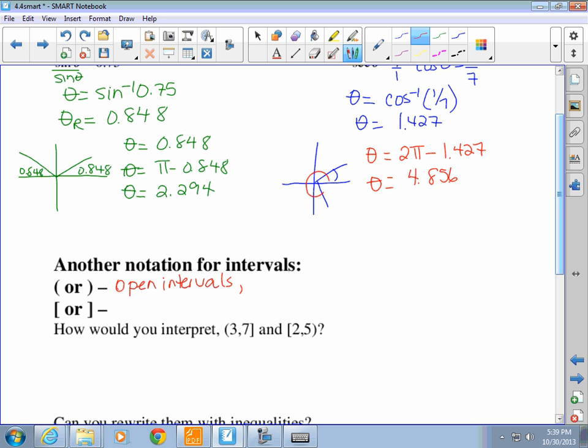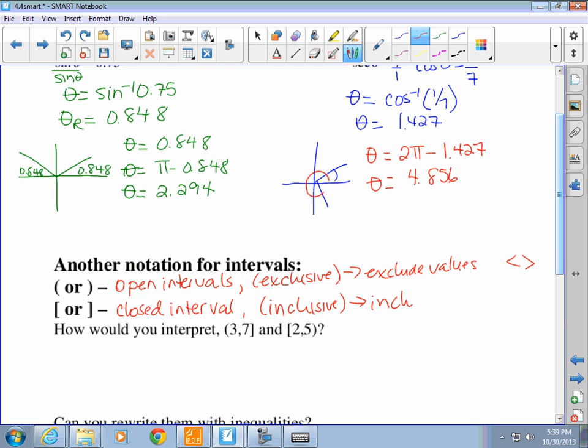So that means it's going to be exclusive, or it will exclude values. So this would be similar to using those. The square bracket is called the closed interval. Those ones are inclusive, which means they're going to include values. So that's the equivalent of using the greater than or equal to, less than or equal to signs.